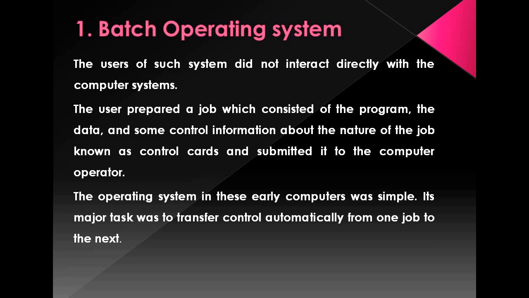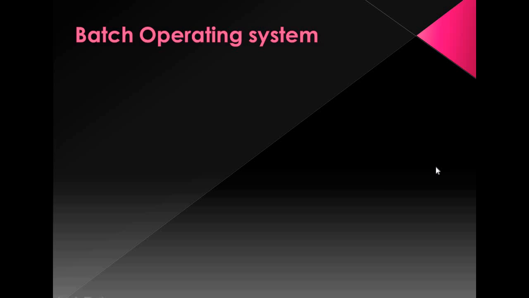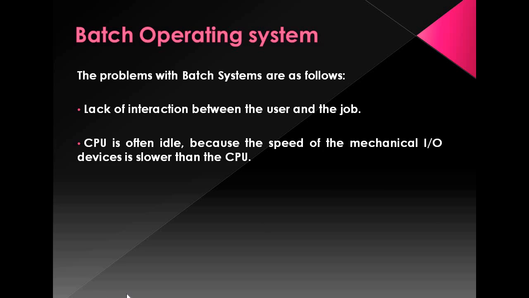The operating system in these early computers was fairly simple. Its major task was to transfer control automatically from one job to the next. To speed up processing, jobs with similar needs were batched together and were run through the computer as a group.